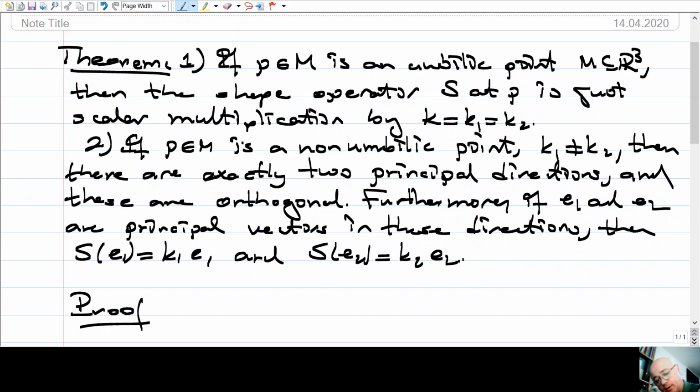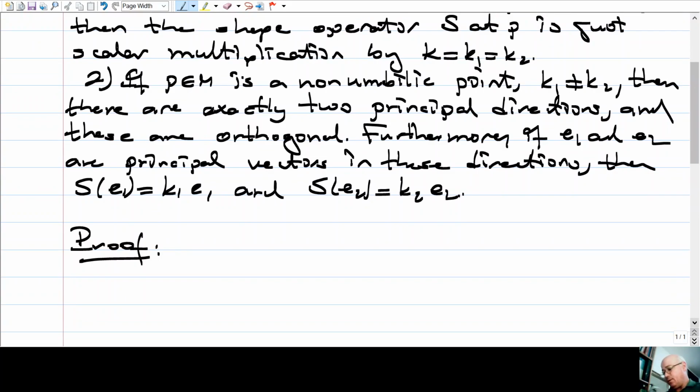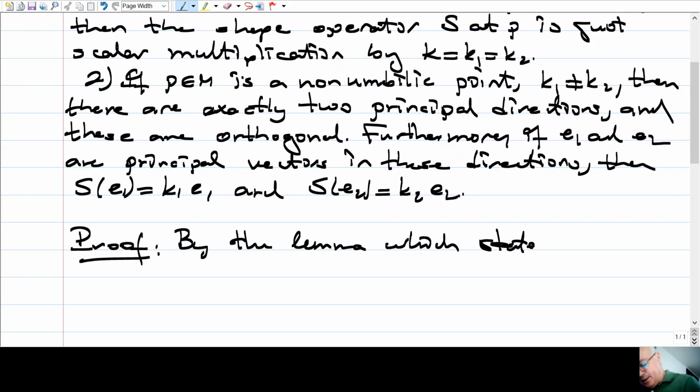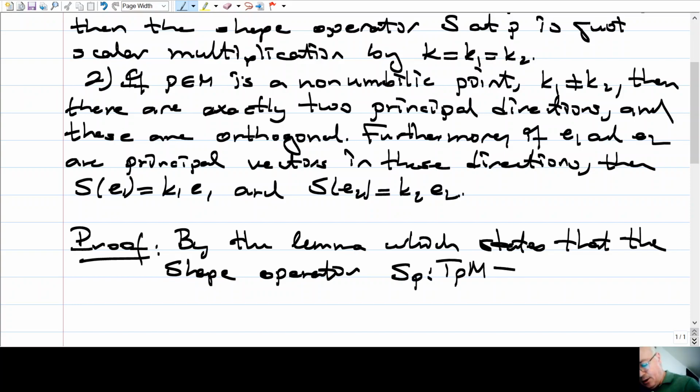Well, the proof is as follows. By the lemma, which states that the shape operator SP from the tangent space of the surface to itself is symmetric.